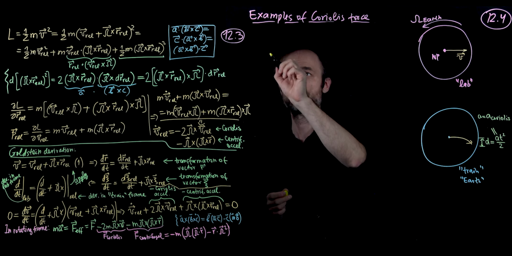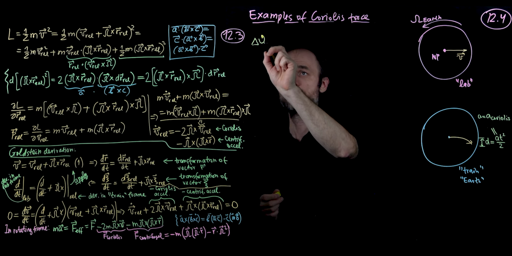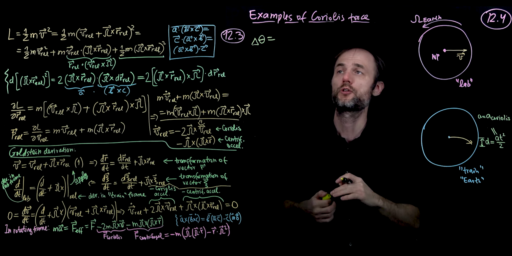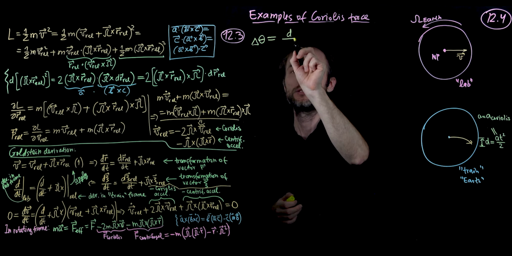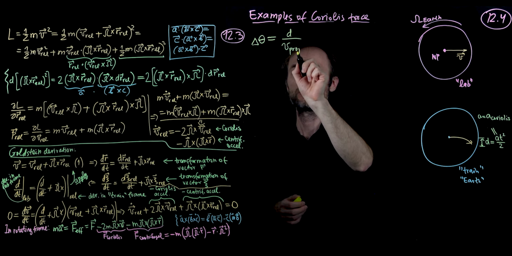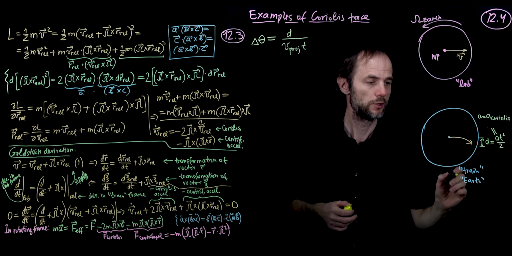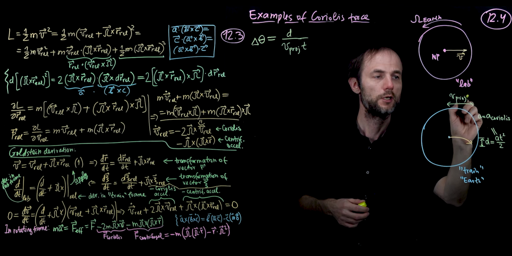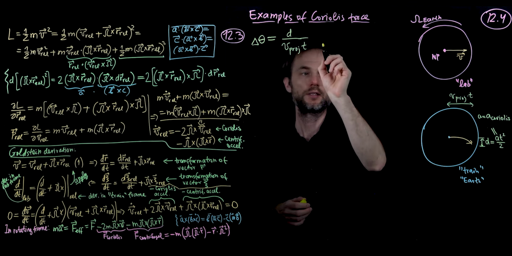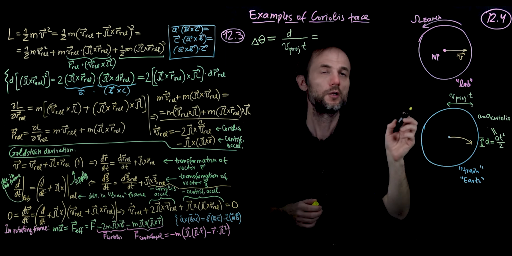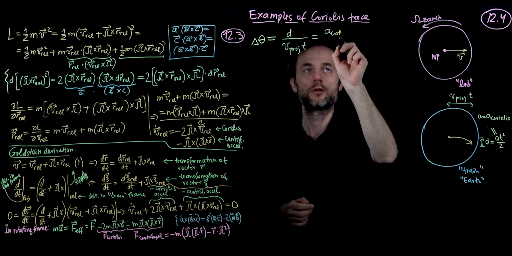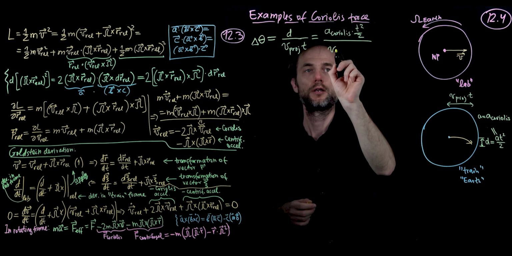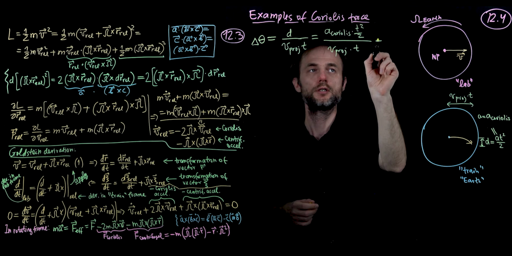So the angular deviation of our trajectory, delta theta, will be d divided by v projectile times t. That is this distance, v projectile times t. So it will be given by a Coriolis times t squared over 2 divided by v projectile times t.